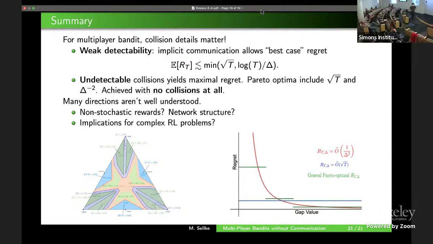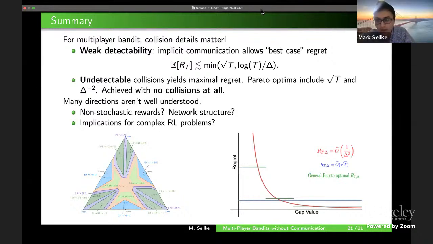Do you have any thoughts on more general feedback structures? For instance, maybe there's some subset of pairs of arms such that if the agents take those pairs, they don't see anything, or more generally, generalizations of collisions.